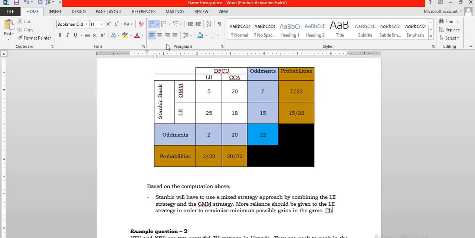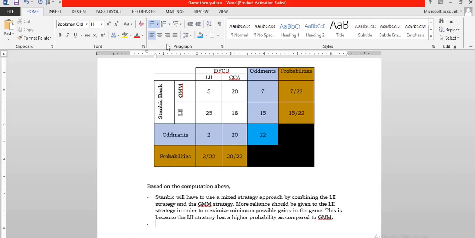This is because the LII strategy has a higher probability as compared to GMM. All right.